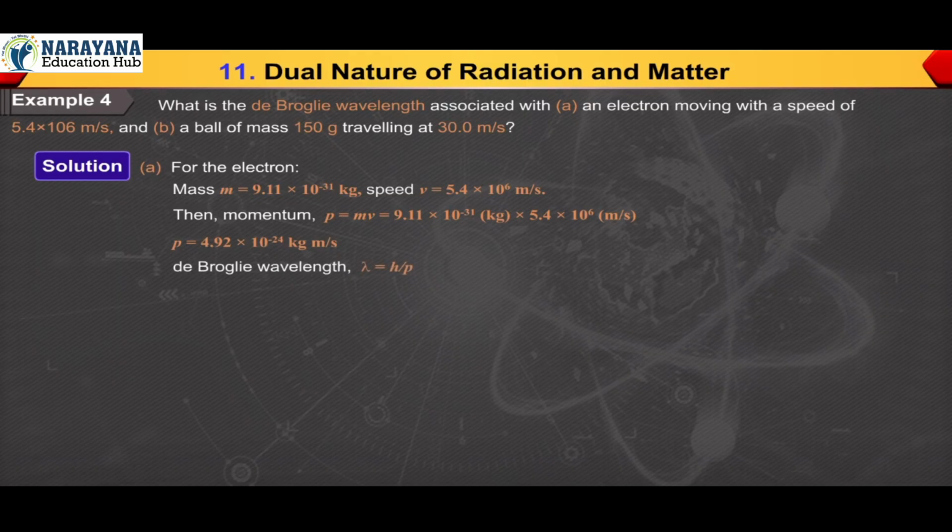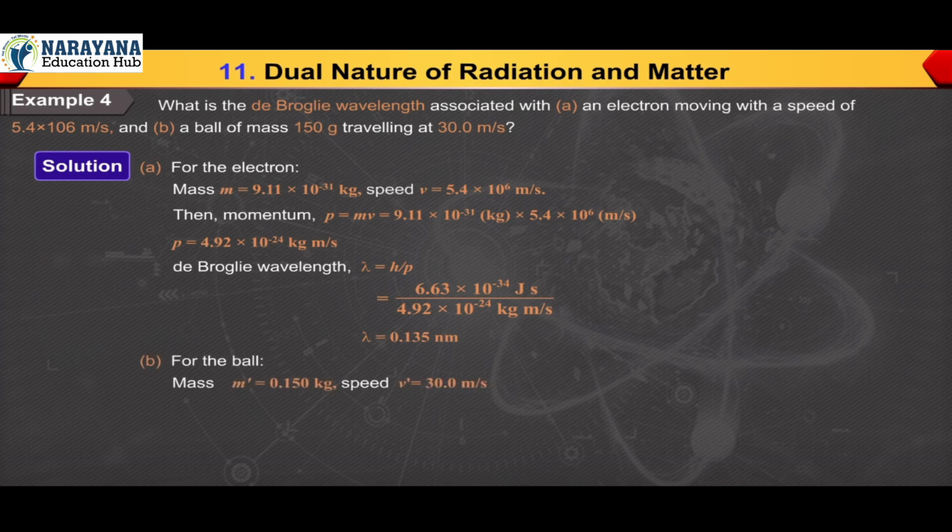De Broglie wavelength λ is equal to h upon p is equal to 6.63 × 10^-34 joule second upon 4.92 × 10^-24 kilogram meter per second. λ is equal to 0.135 nanometer.